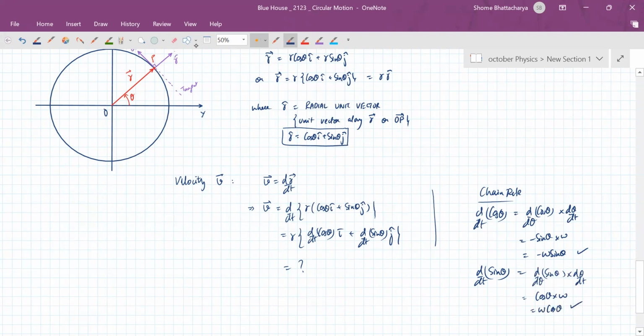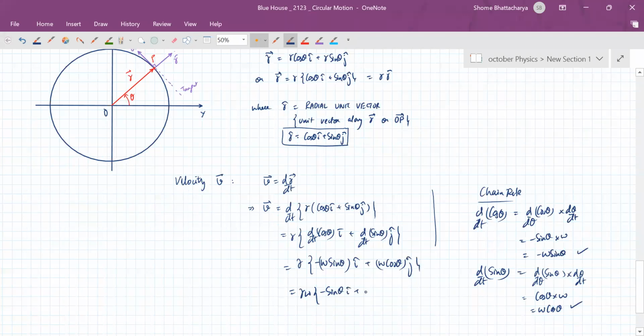So substituting these here, we can see the instantaneous velocity becomes r into minus omega sine theta i cap plus omega cos theta j cap. Next step, you can take omega common, so you're left with this.